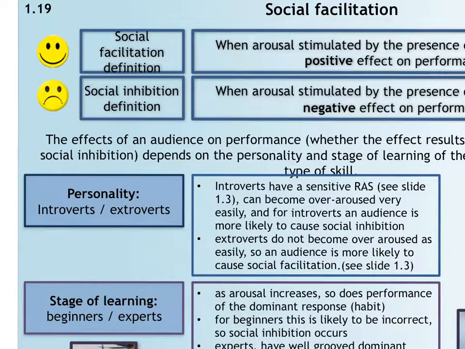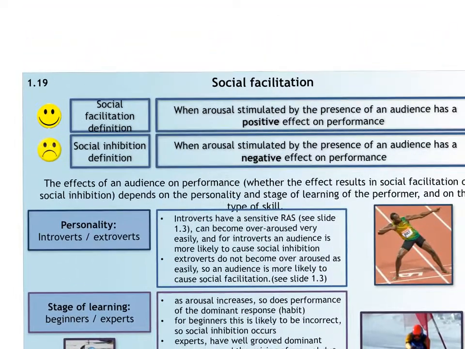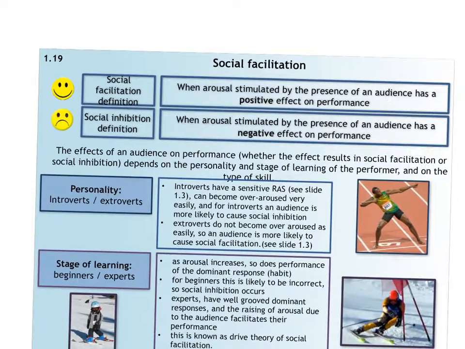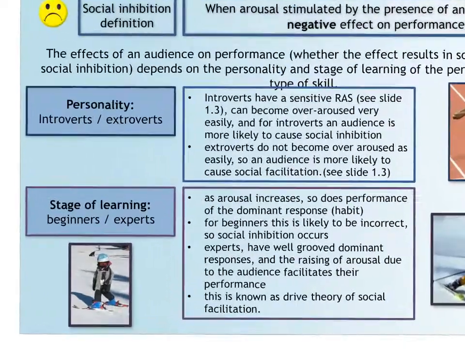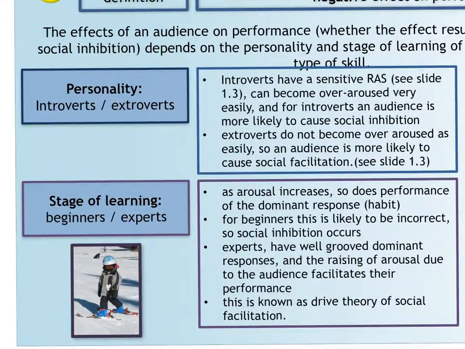So you think about your big extroverts, they tend to enjoy an audience when they're performing. Again, stages of learning. You've got to think back to where we were at the very start of the course. We looked at stages of learning. As arousal increases, so does performance of the dominant response, which is the habit. For beginners, this is likely to be incorrect, so social inhibition occurs.